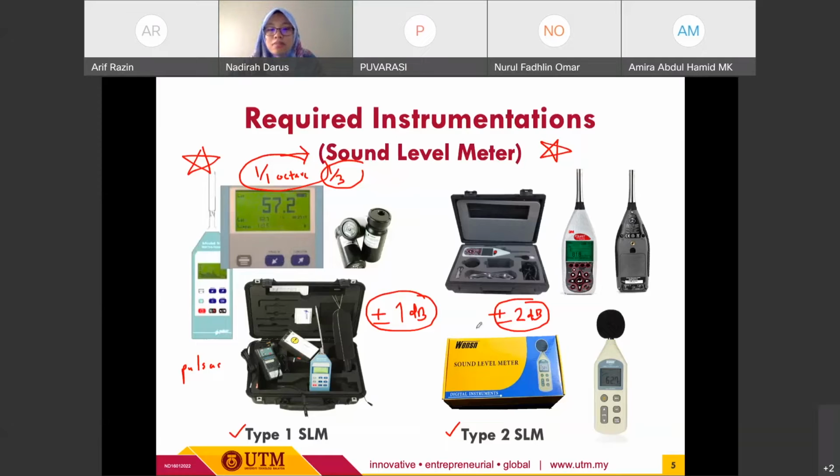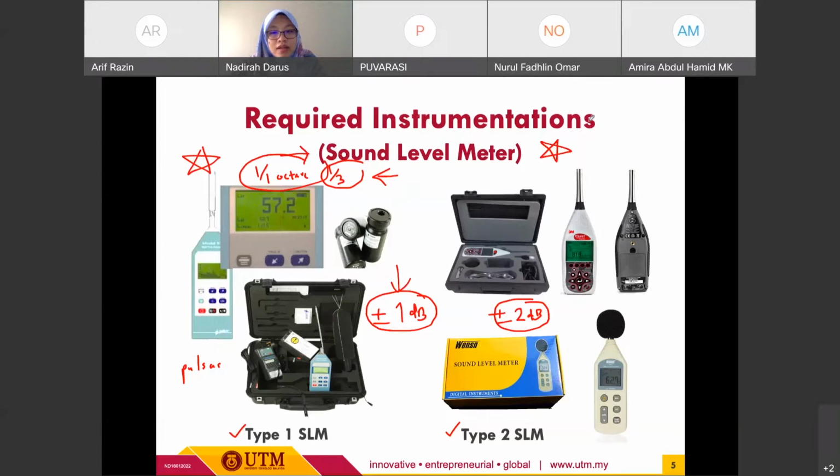Okay, so that's the main difference in terms of its accuracy and also in terms of its capability to measure the certain or required information lah. So that's why type 1 punya sound level meter dia lagi comprehensive.